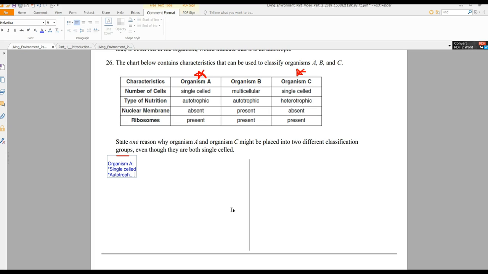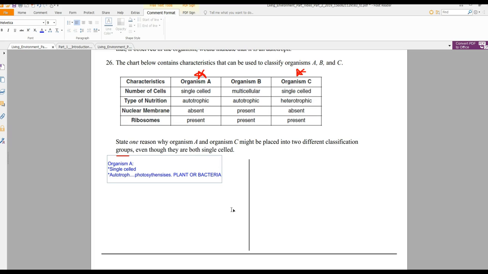You should know this by now. If you saw my previous videos, you know what an autotroph means. It photosynthesizes. If it photosynthesizes, that means that it's either a plant or a bacteria.